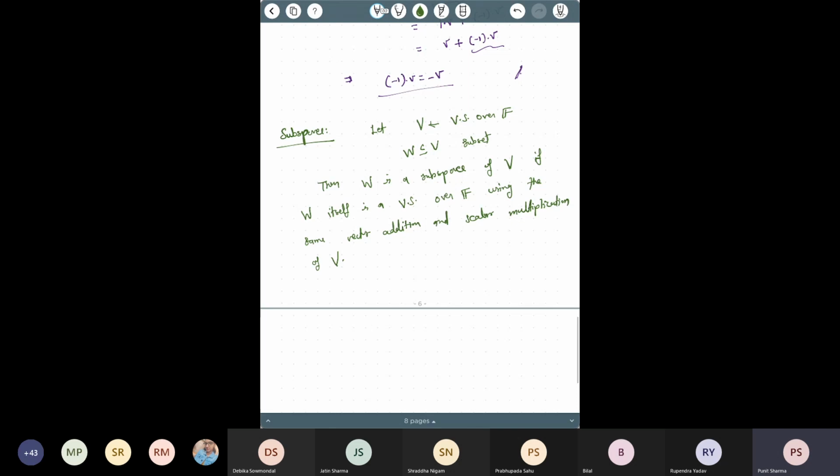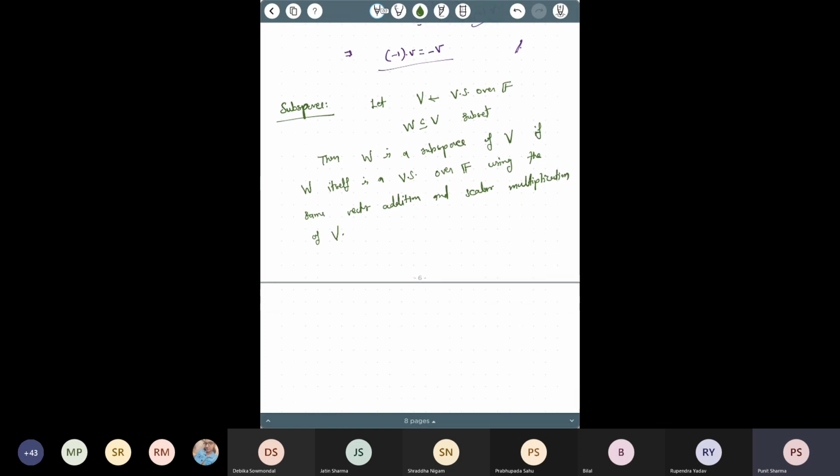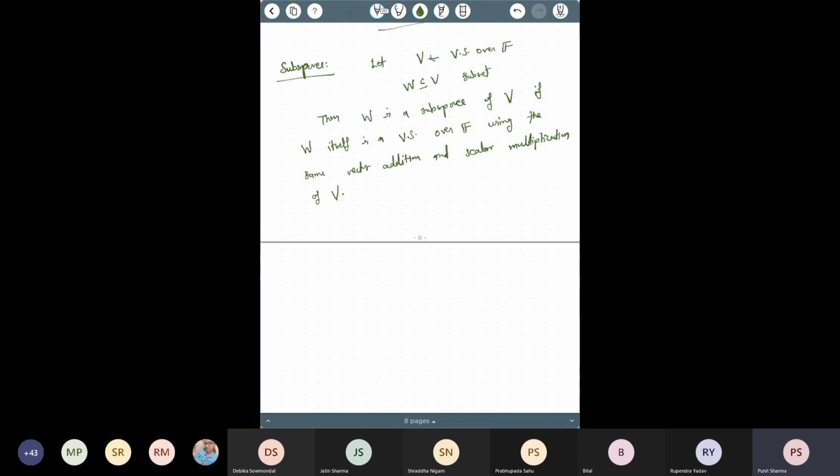W is a subspace of V if W itself is a vector space over F. Now if it is empty, then it won't be one. Anyway, let's see some examples and then we'll discuss that.